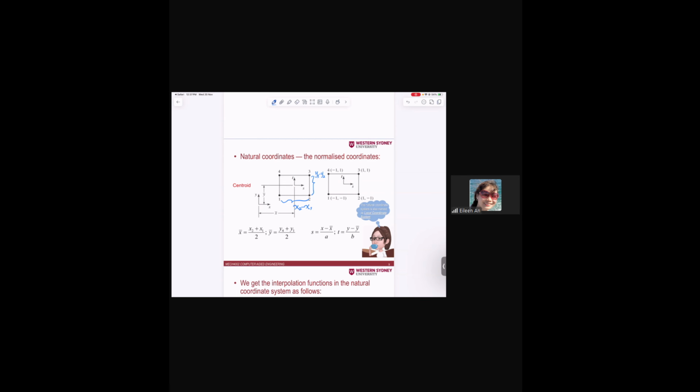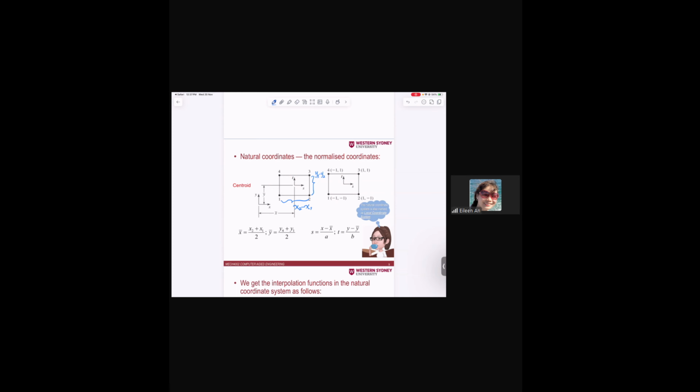So in that case, this rectangular element in its new coordinate system is no longer a rectangle shape. It is a square shape.